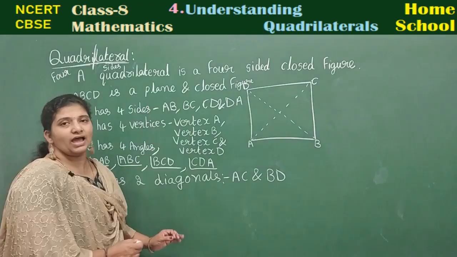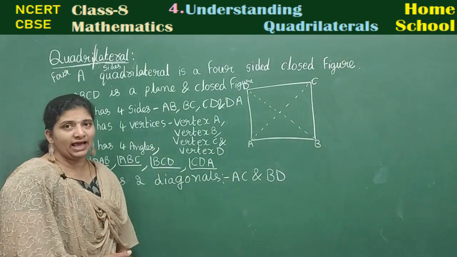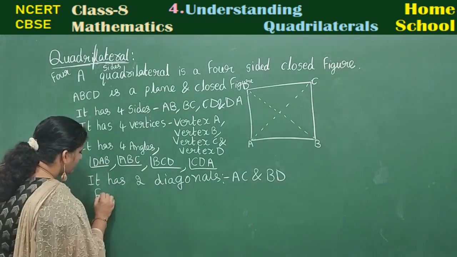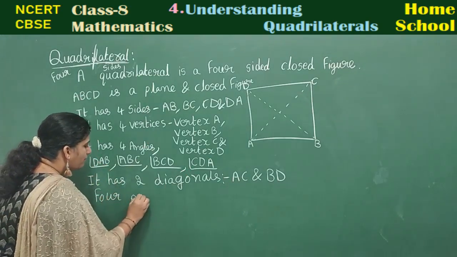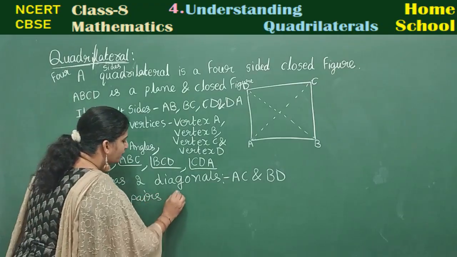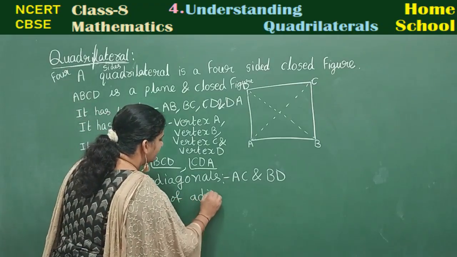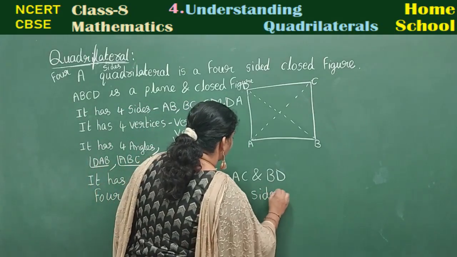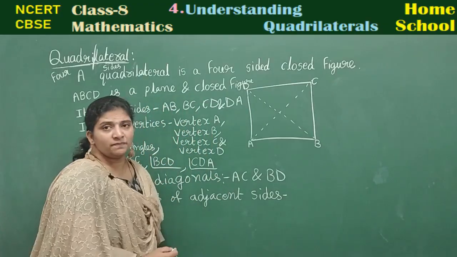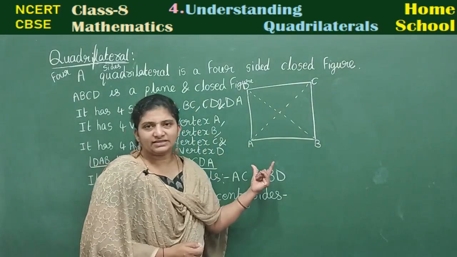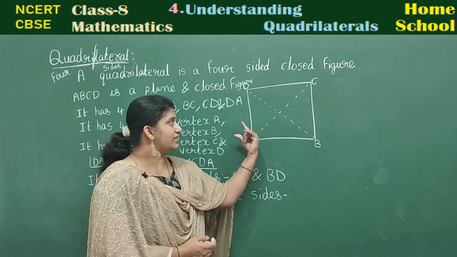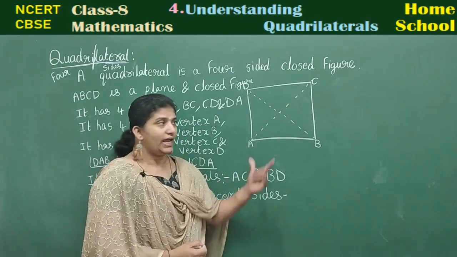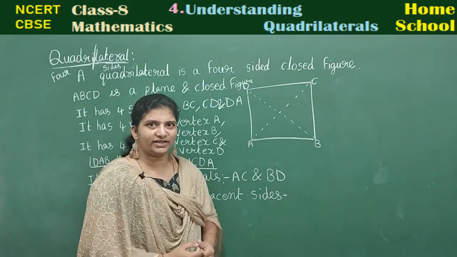And this quadrilateral has 4 pairs of adjacent sides. What are those pairs here, children? What are adjacent sides here? AB is adjacent to AD. Is AB adjacent to DC? No. AB and AD have a common vertex.